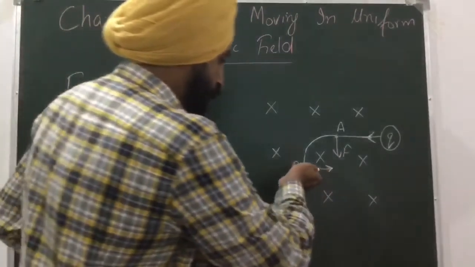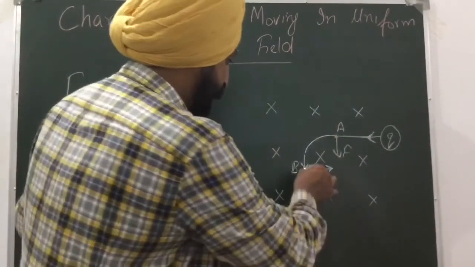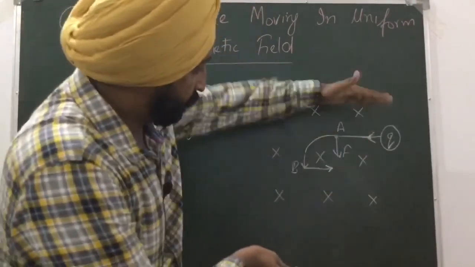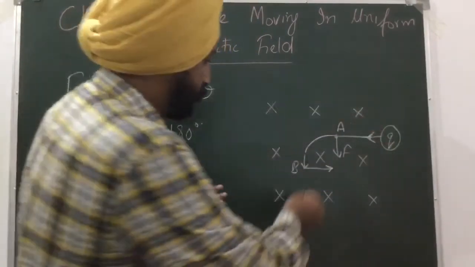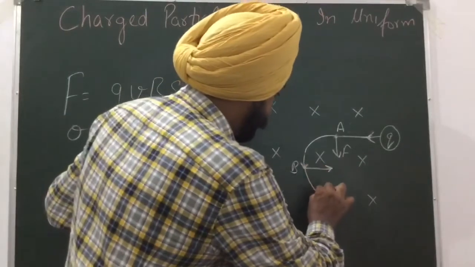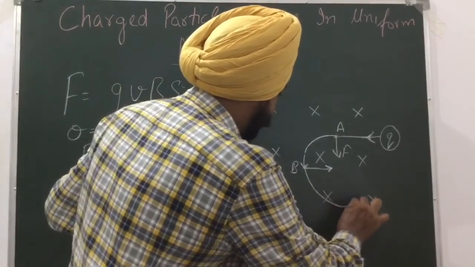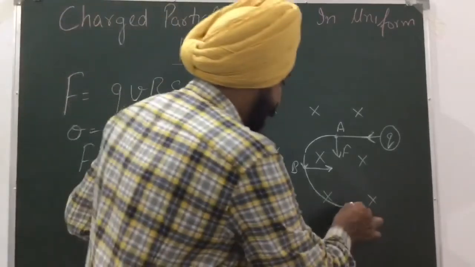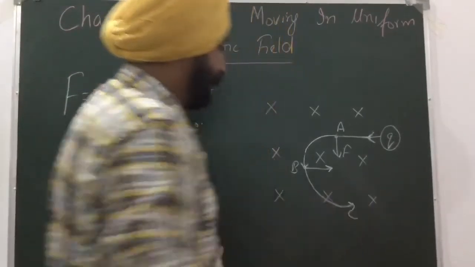Now due to the force acting in this direction, this charged particle will move further, but it will be bent towards this direction. So it will be moving like this. Now let us suppose that it has reached another point C. At this point C, the direction of velocity is this.